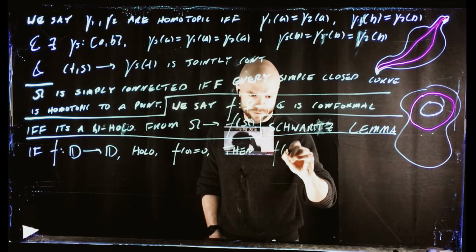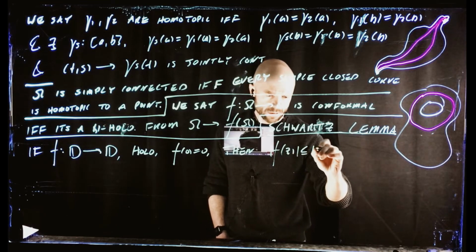we have that the absolute value of f of z is less than or equal to mod z.